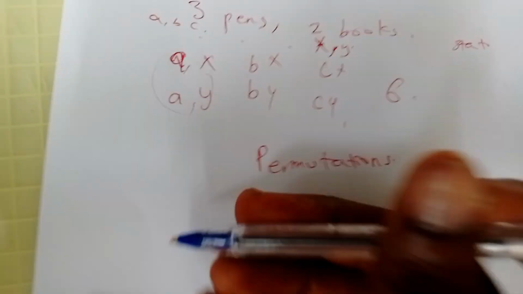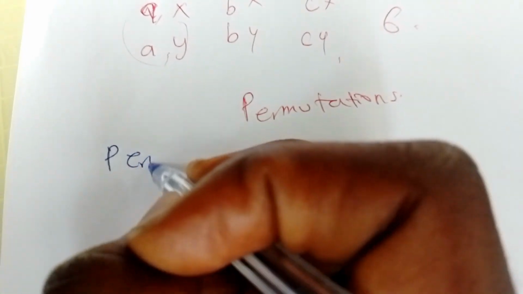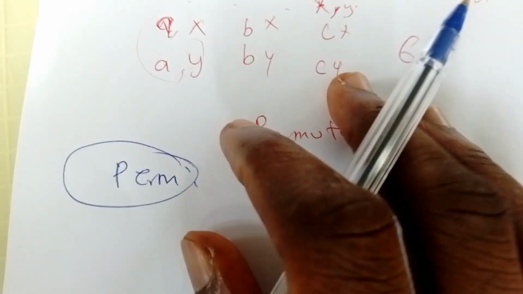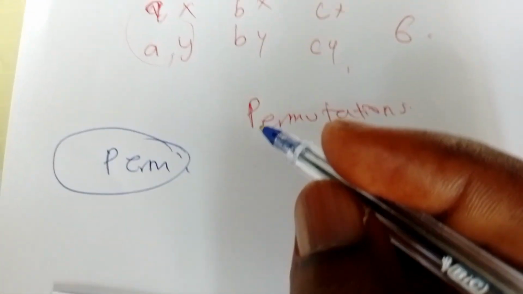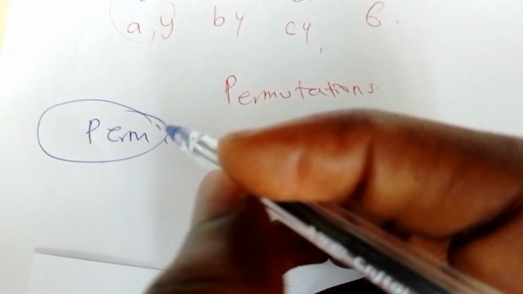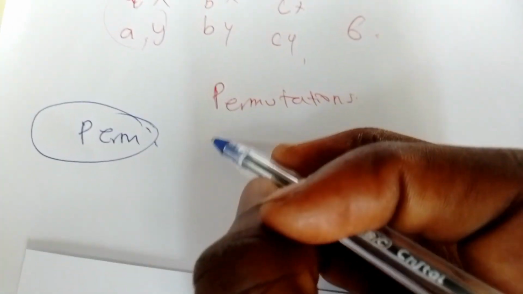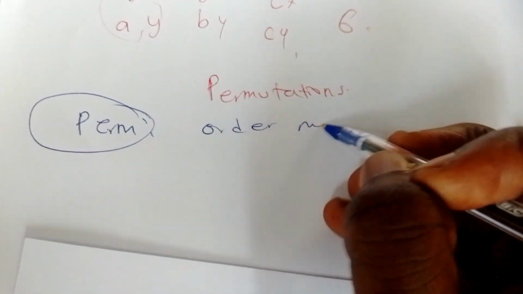When you talk about permutations, you are trying to perm things. I don't know if that's a word, but it sounds like a word. You're trying to arrange things, so order matters.